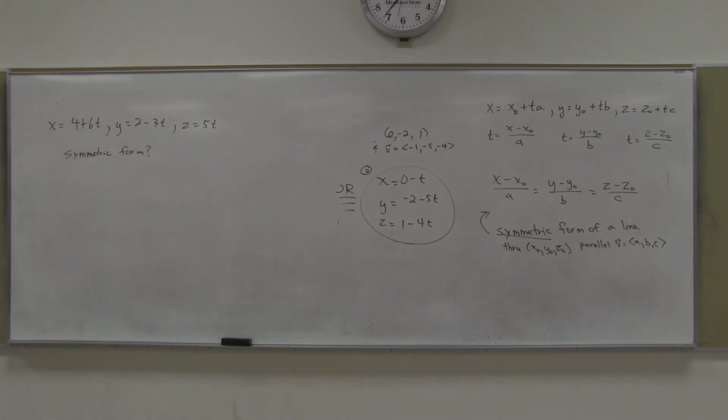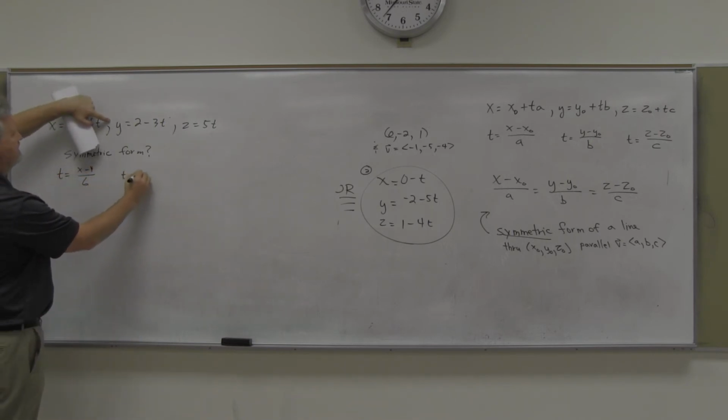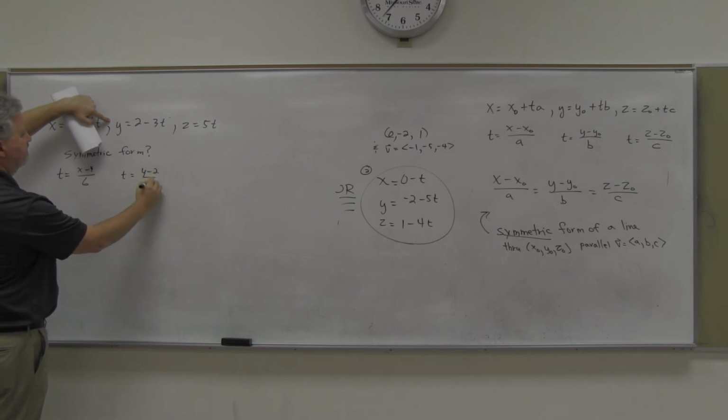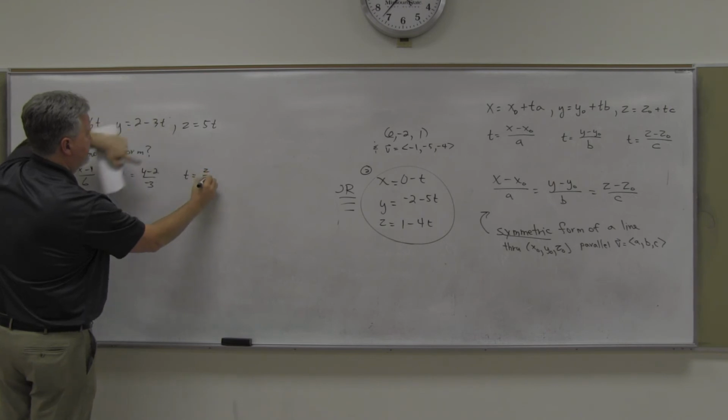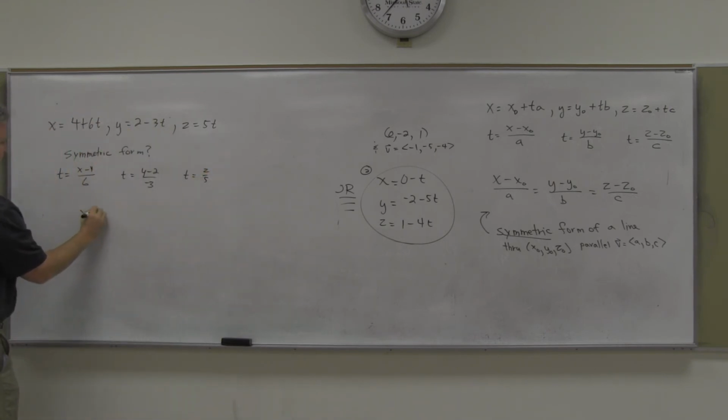Like we said, you just solve each of those individually for t, and then set them equal. So here we would have t equals x minus 4 over 6. Here we'd have t equals y minus 2 over negative 3. And here we'd have t equals z over 5. So symmetric form would be those.